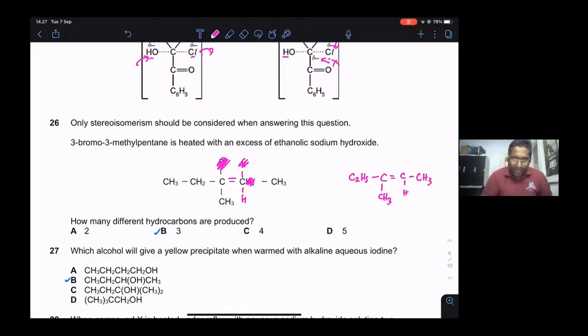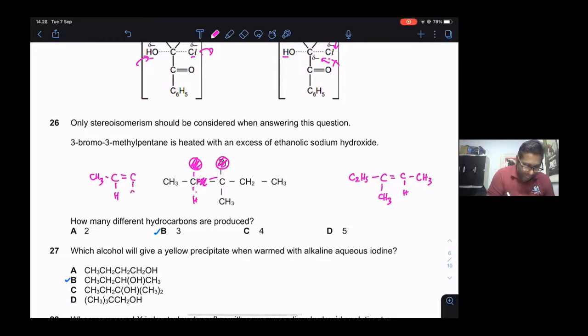Now if I look at the left, this is hydrogen, this is hydrogen. These two will be gone, so you will get a double bond over here. So I have CH3, then hydrogen, and the double bond will come. So I will have CH3 here, and this one is C2H5.